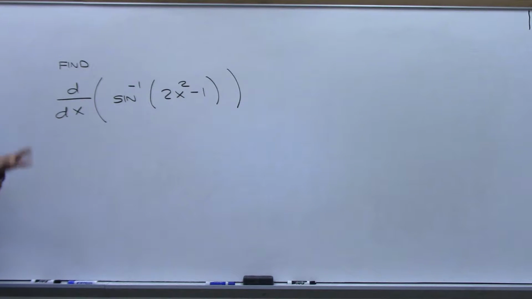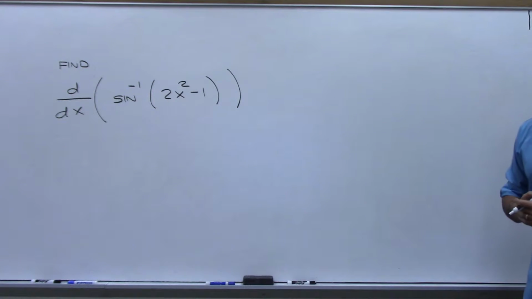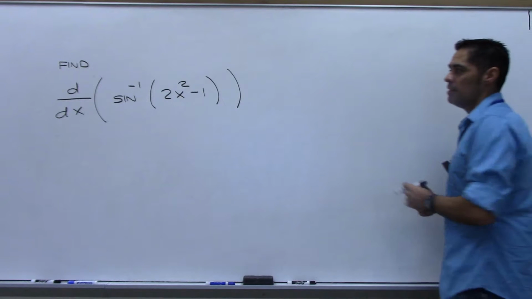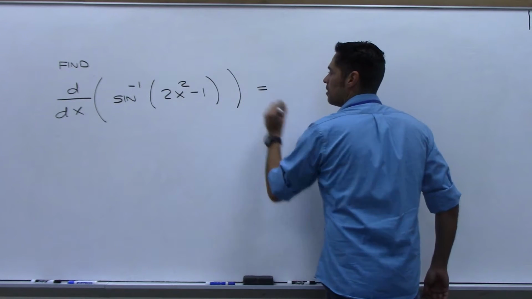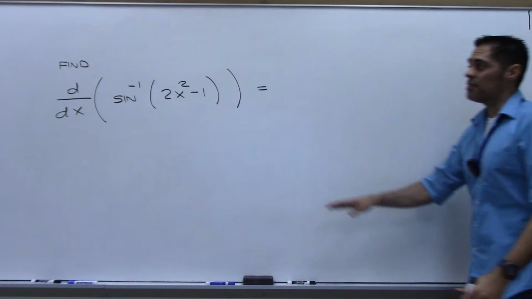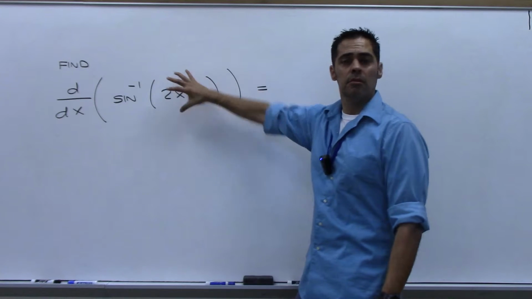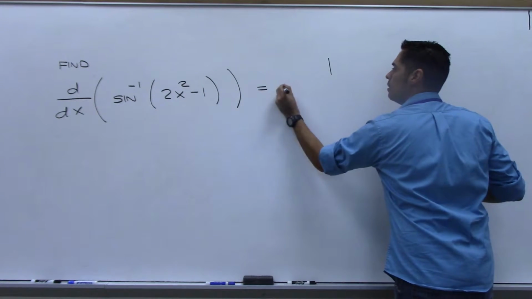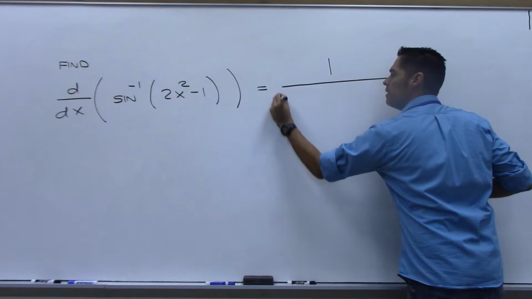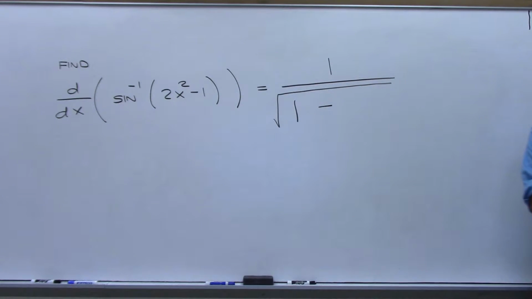So again, depending on your Cal 1 experience and how good that was and how the chain rule was, let's see if you can determine what this would be. So what's the derivative of arc sine of something here? 1 over the square root of 1 minus x, but x in this problem is not x.